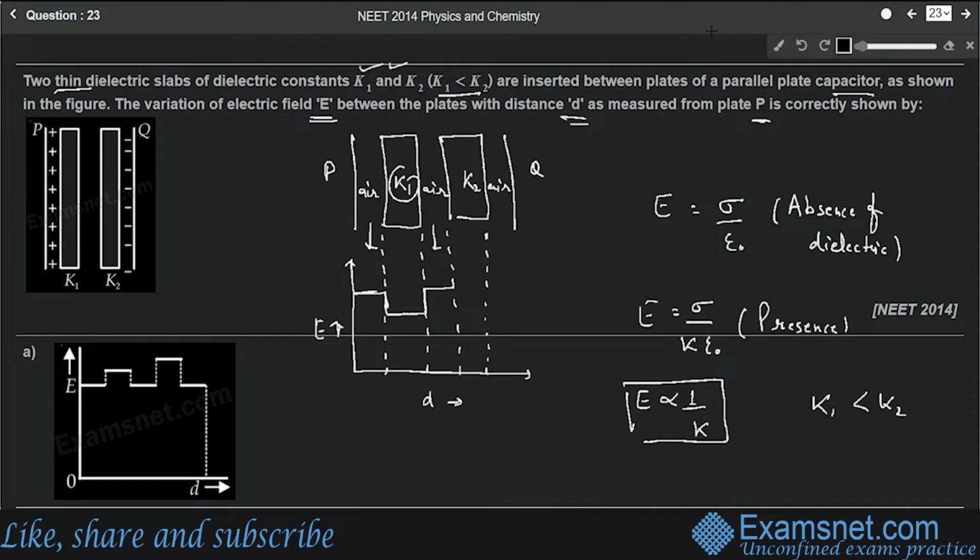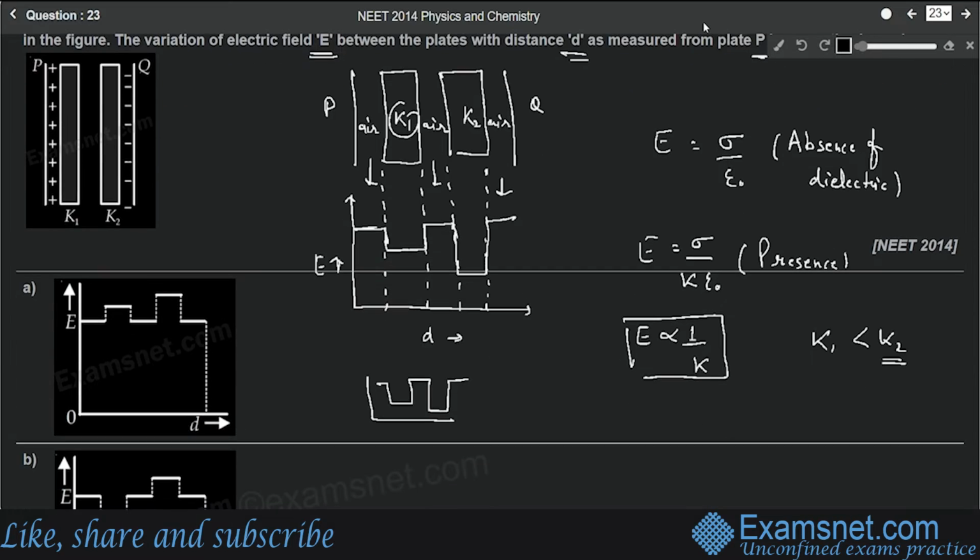Okay, that means it will decrease to a much greater extent in case of K2, and then again it will increase in case of air. Okay, so this is the type of graph that will be received: decreased, then increased, then again decreased to a greater extent, and then again increased. So this is what the graph will look like.